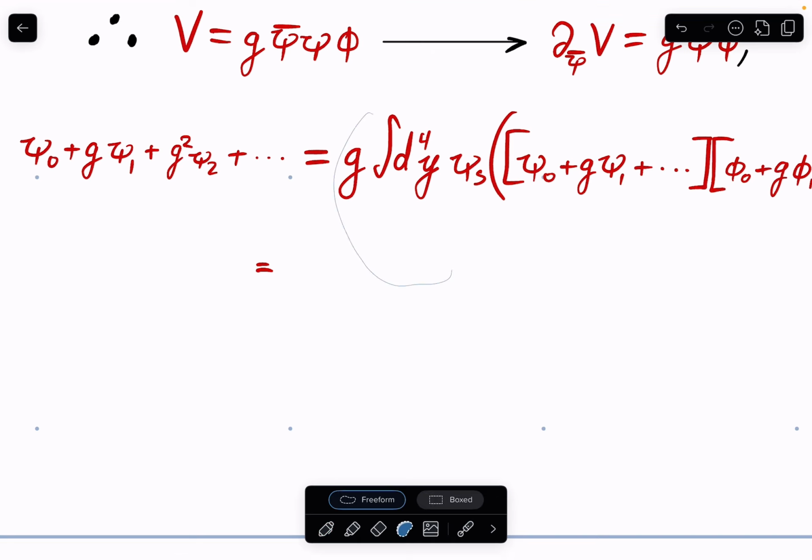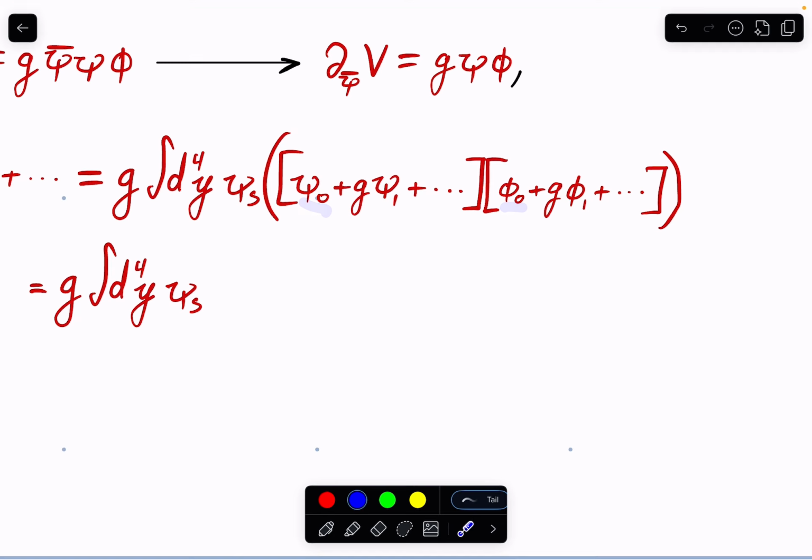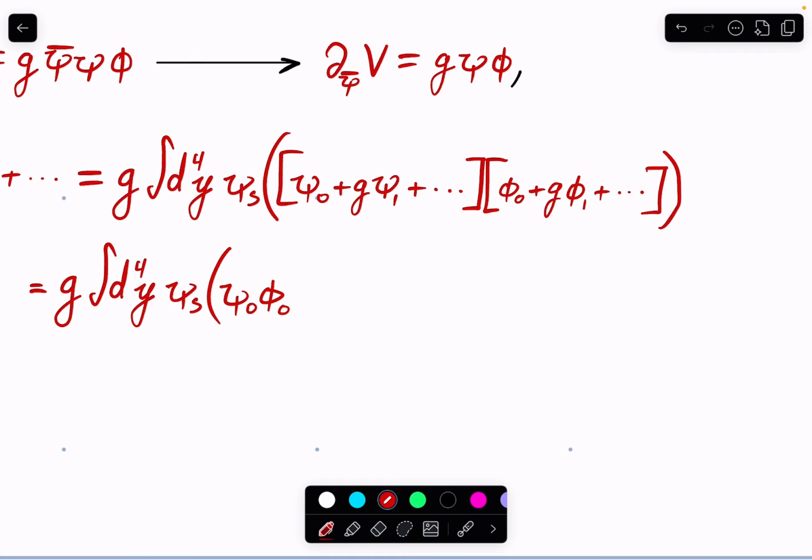So we're going to have this quantity. First, we're going to have C naught times phi naught. So we get C naught times phi naught. Next, the term with only one factor of G is going to be G C1 times phi naught, and then G phi 1 times C naught. So we end up with G of C naught phi 1 plus C1 phi naught.